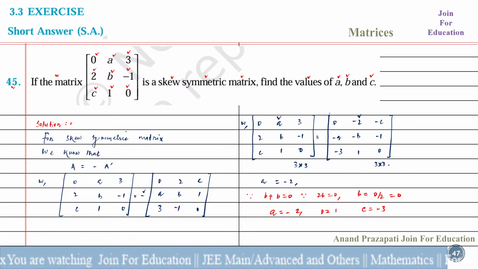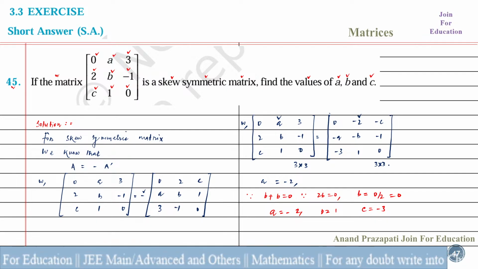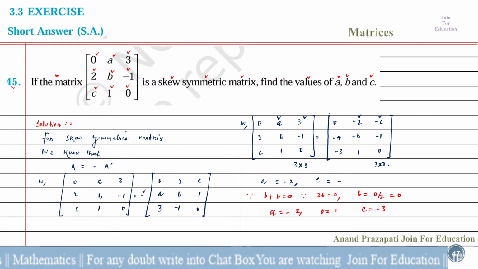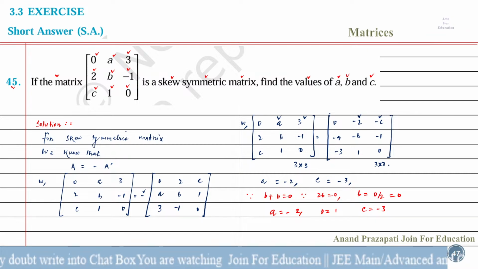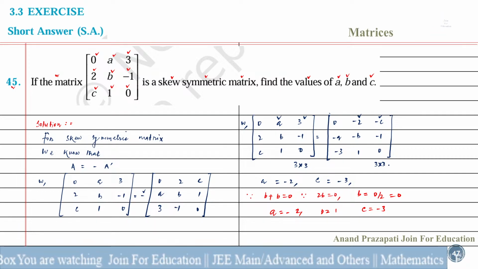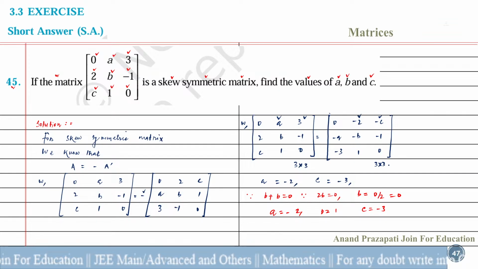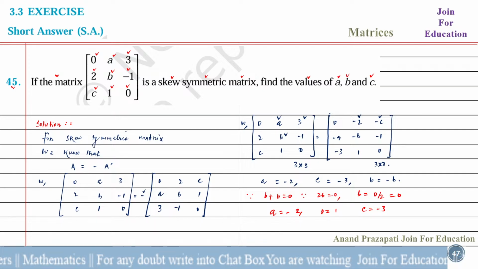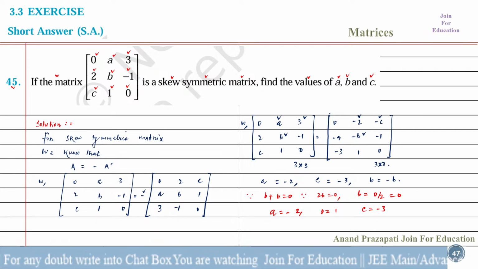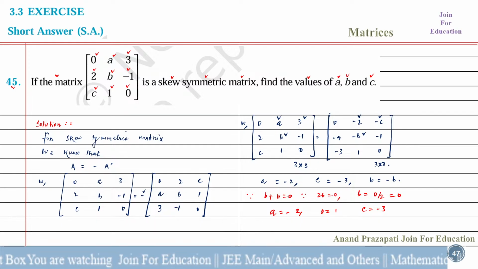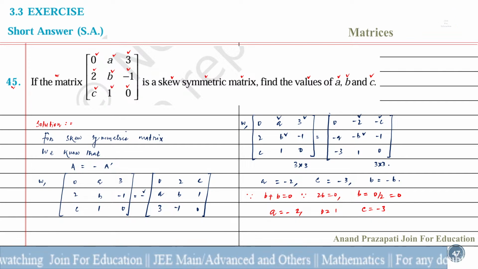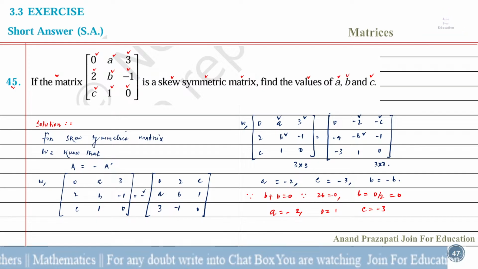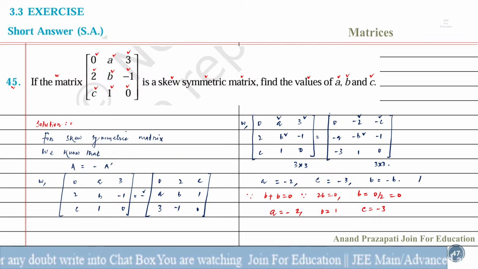So we write down a equal to minus 2, and c equal to minus 3, and here b equal to minus b. This one will be the answer of this question.